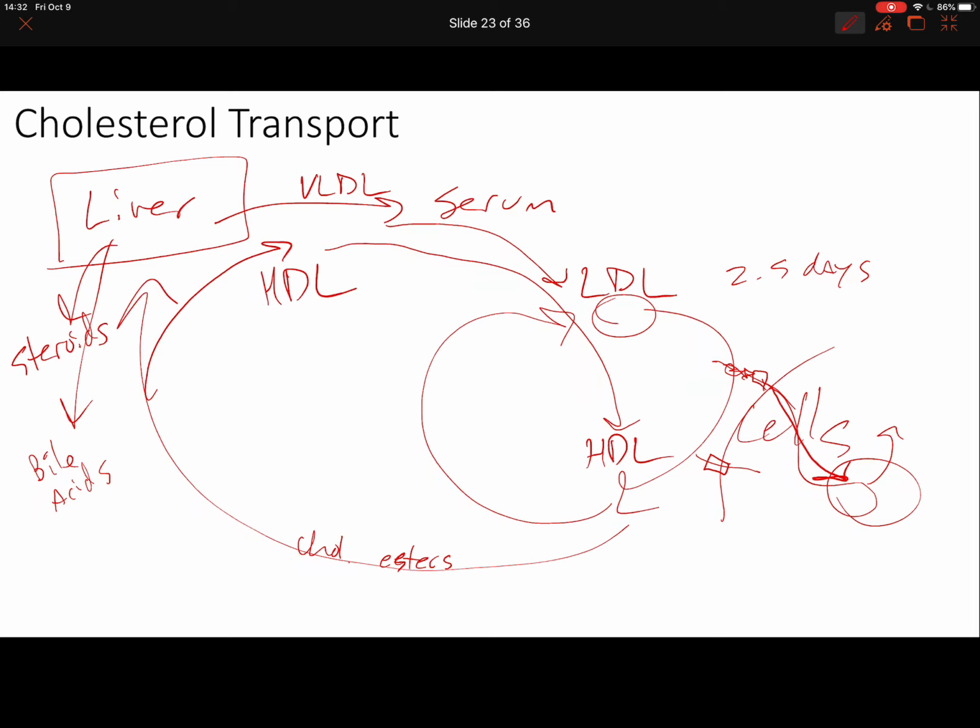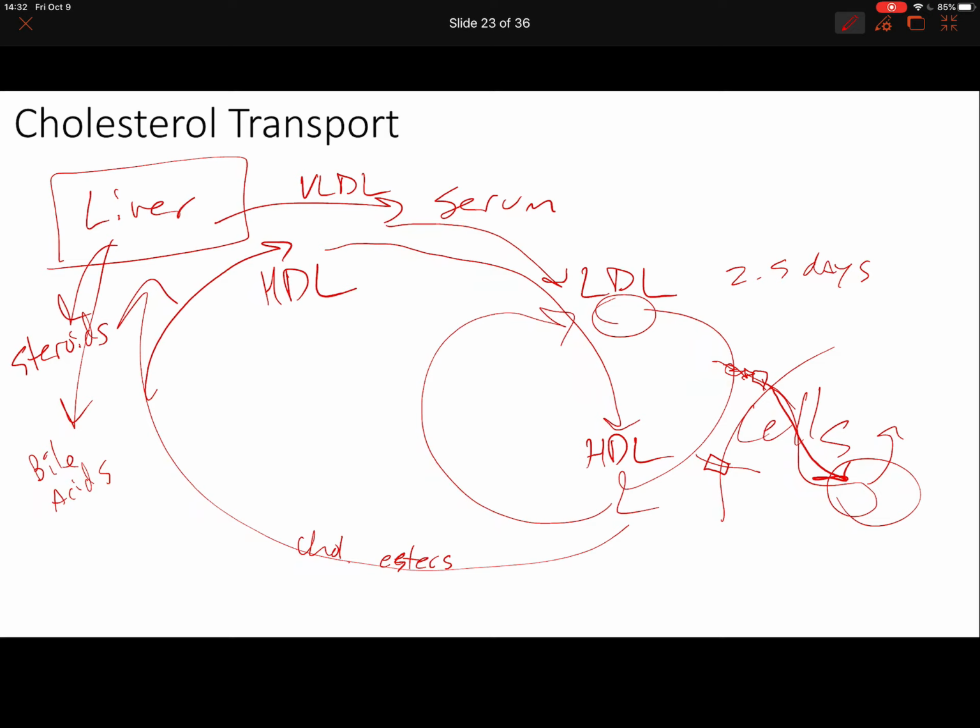So high LDL together with low HDL is a symptom of faulty cholesterol transport and a warning of possible atherosclerosis. The serum cholesterol level controls cholesterol synthesis in the liver. So when serum cholesterol level is high, the synthesis in the liver is low, and vice versa.